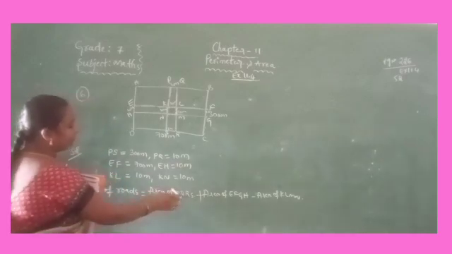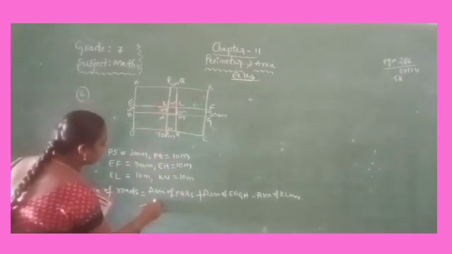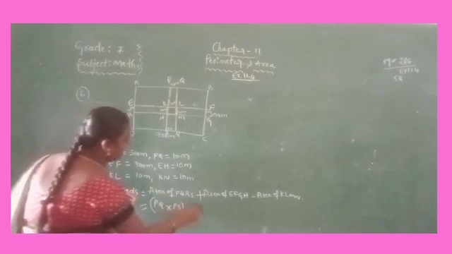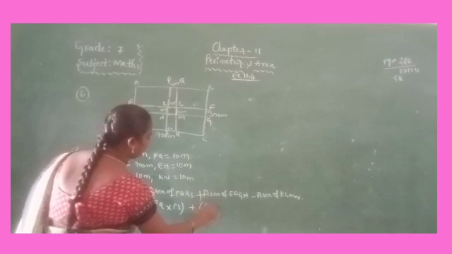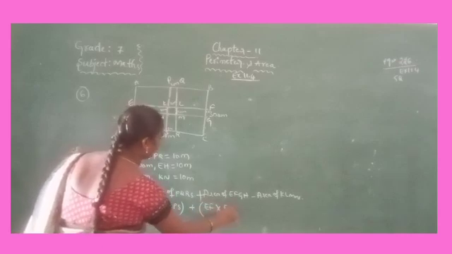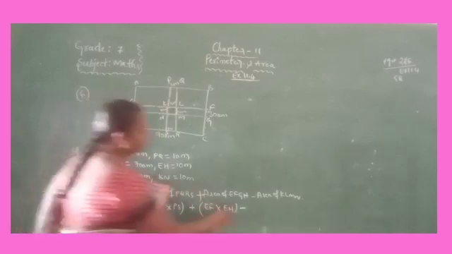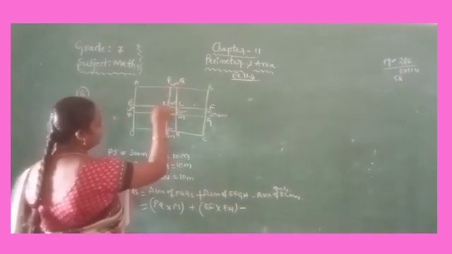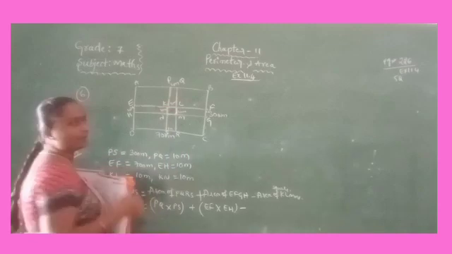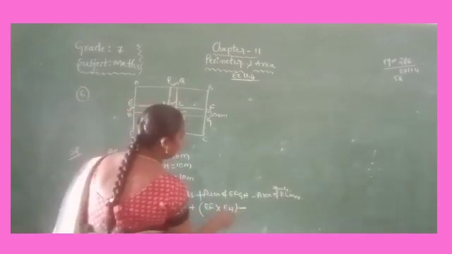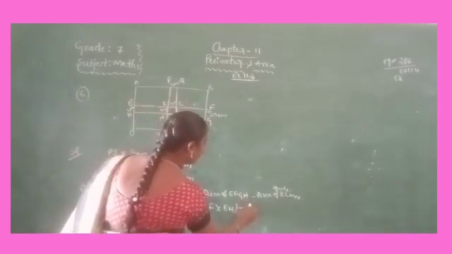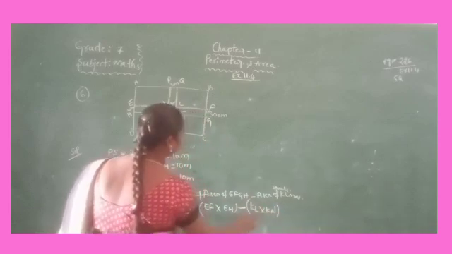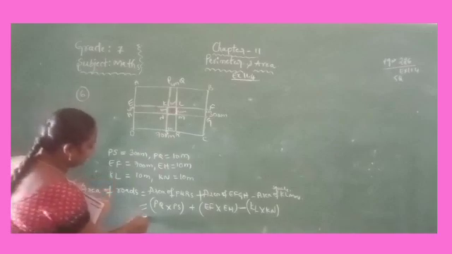What is the area of PQRS? Length into breadth, that is PQ into PS, plus EFGH, EF into EH, minus the area of this one, which is a square. After the two roads cross, the shape formed is a square. The area of a square, that is KL into KN, side into side.